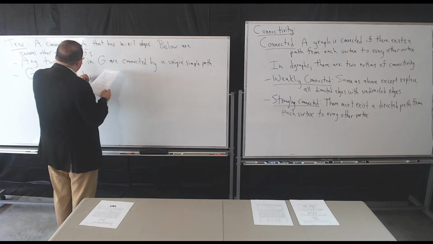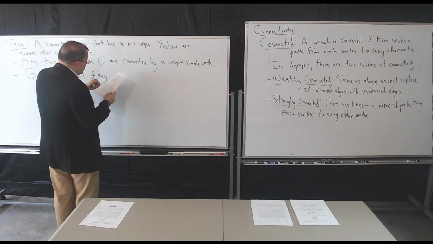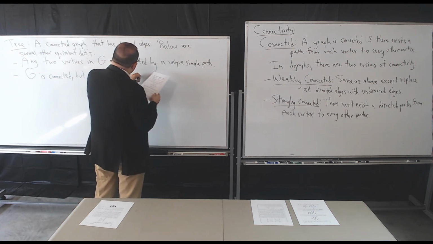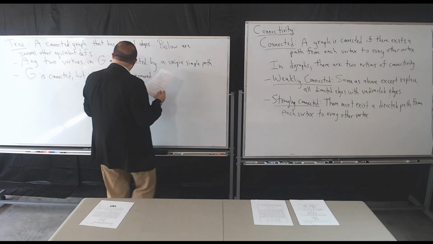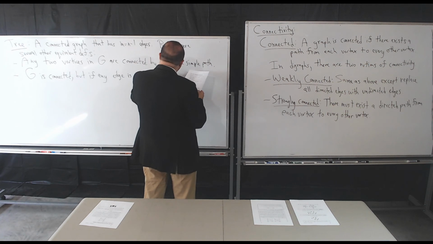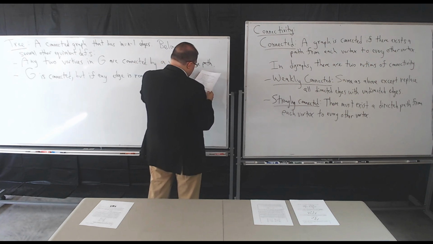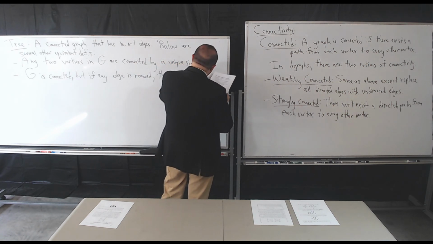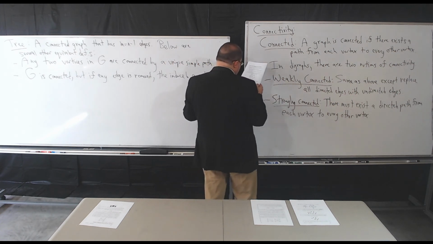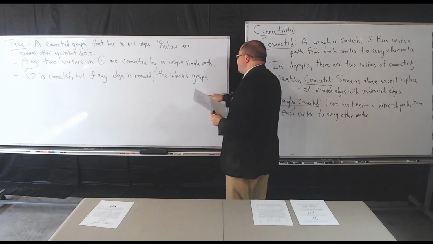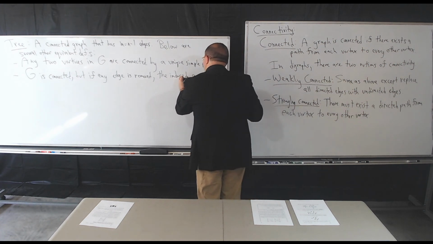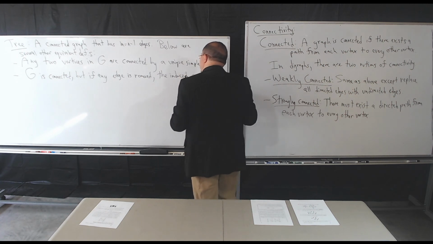Another one is G is connected, but if any edge is removed, the induced graph is not connected. I haven't talked about subgraphs yet. We're going to do that next time. The induced graph is what the graph will look like after I remove the edge.